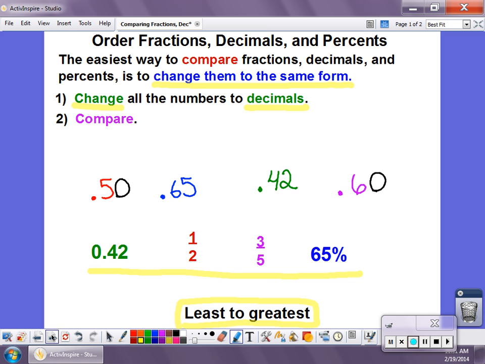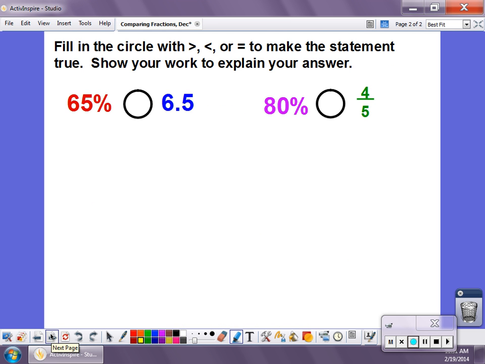Now this method can also be used not only for ordering them, putting them in order from least to greatest or greatest to least, but it can also be used for just comparing two numbers. For example, here I have 65% and 6 5/10, and I want to know which of these two amounts is bigger. So I'm going to take this 65% and change it to a decimal, 65 hundredths.